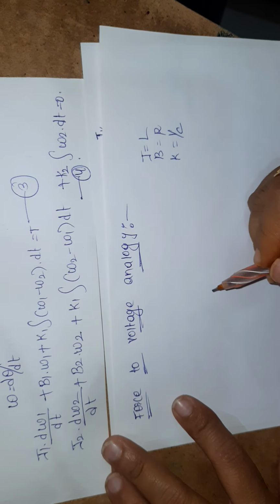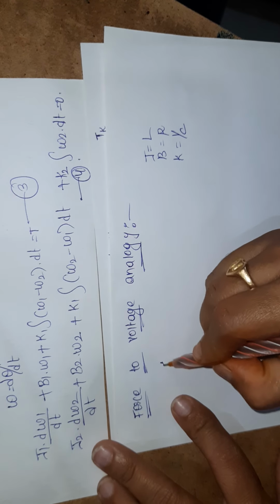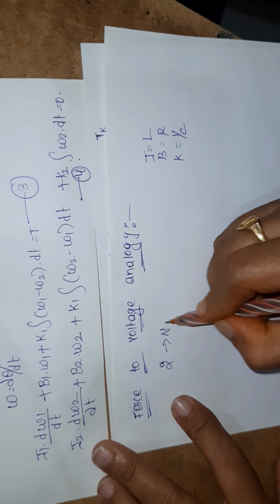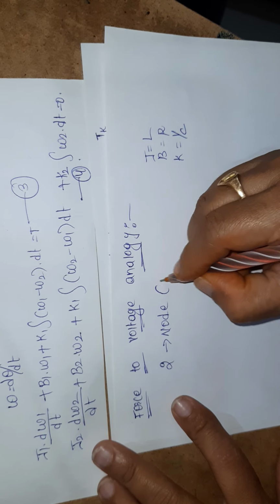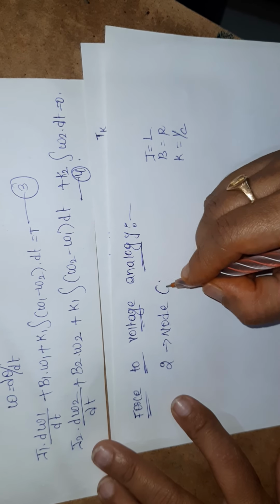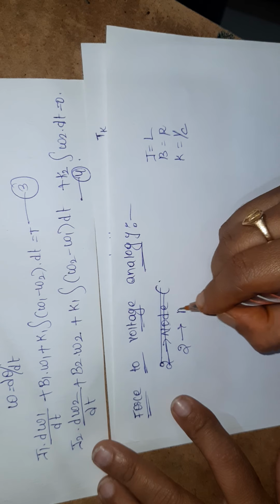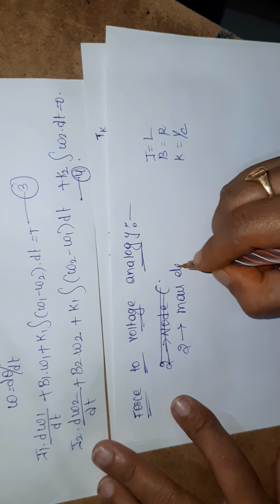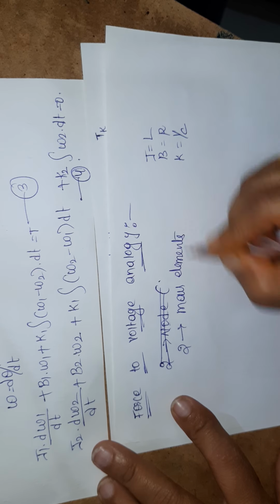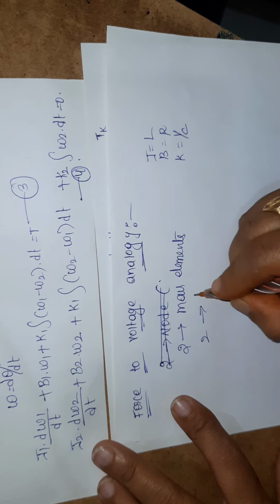So as we know that there are two nodes, that is two not we have to say nodes, here we have to say two mass elements, moment of inertia elements. So we'll have two loops.